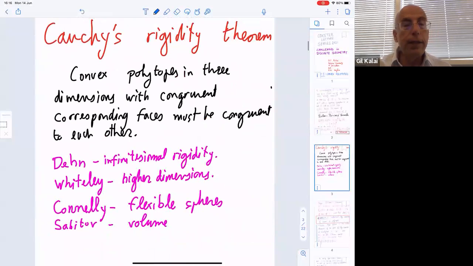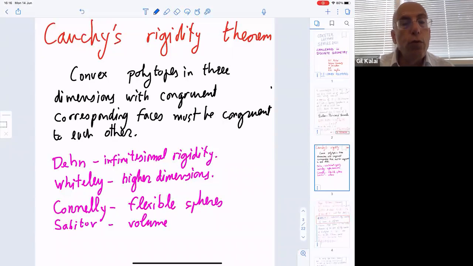I mentioned Euler's theorem, and let me mention another landmark in the study of polytopes, which is Cauchy's rigidity theorem. It says that two convex polytopes in 3 dimensions with congruent corresponding faces must be congruent to each other.